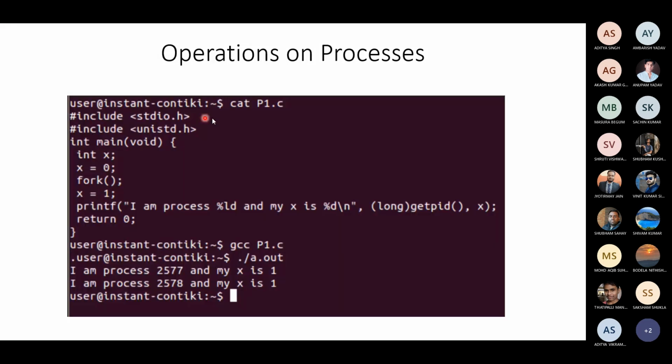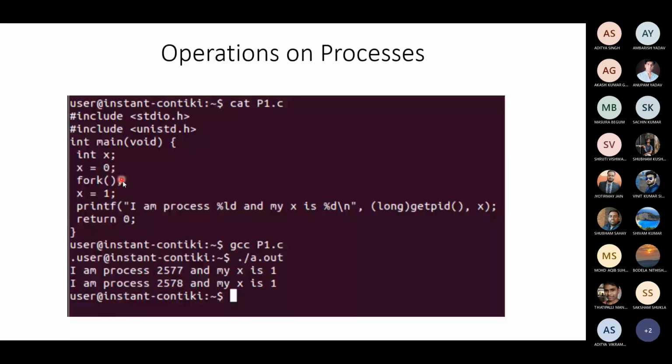So I wrote a simple C program that includes the header file unistd.h. Okay, this is a standard header file. After that, you define a simple variable x equal to 0. I called the fork function, and I tried to print the value of x.